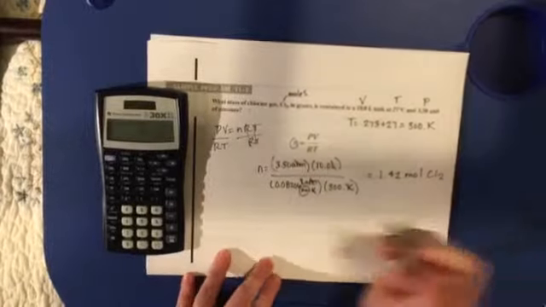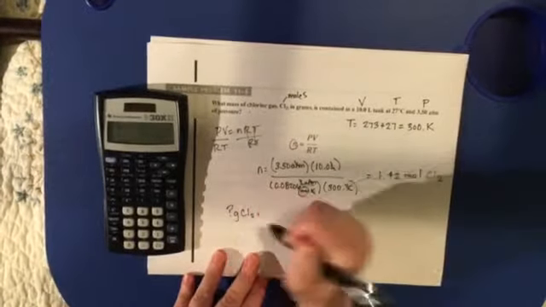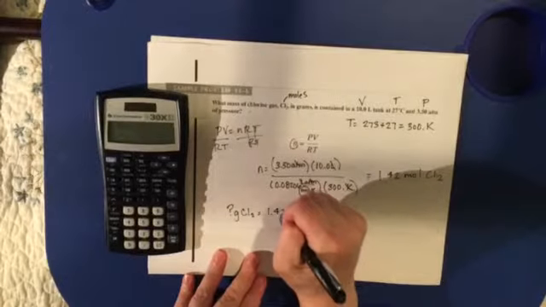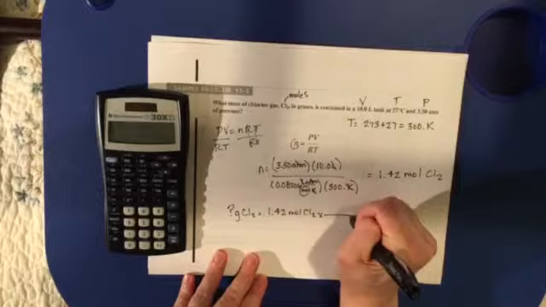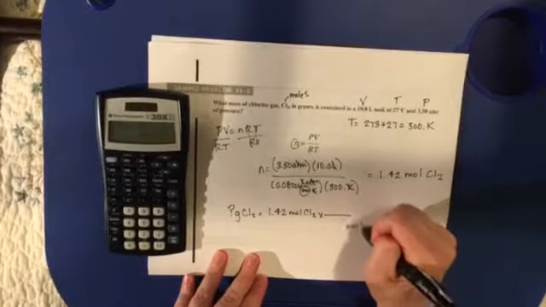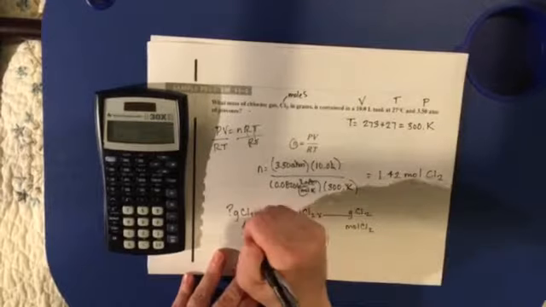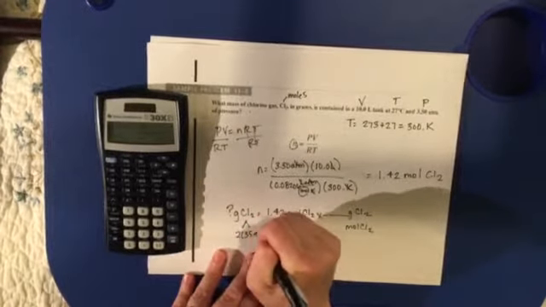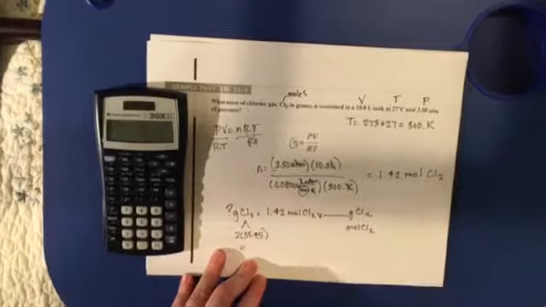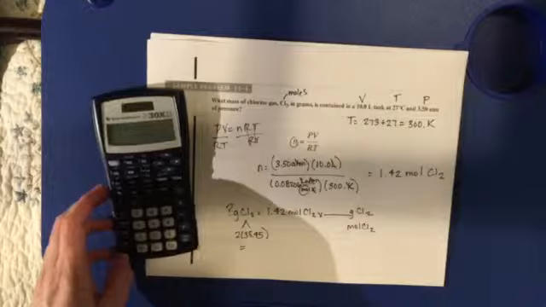We want to know grams, so then I'm going to do how many grams of chlorine equals 1.42 moles of chlorine. Moles of chlorine to grams of chlorine. This is 2 times 35.45, because that's what the mass of chlorine is.